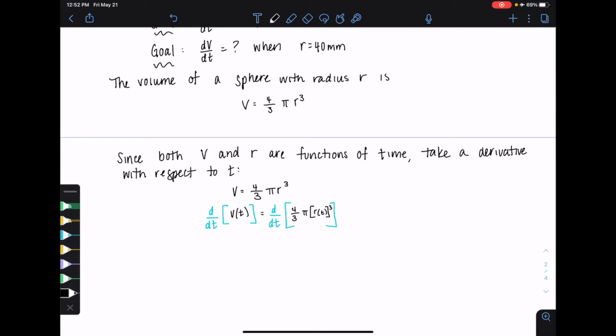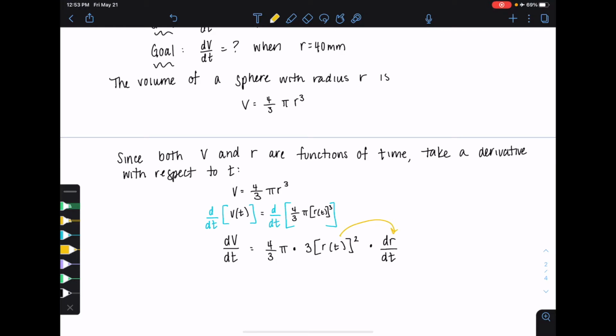So if I take the derivative of V, I'm getting this rate of change, dV/dt. On the right-hand side, the 4/3 pi does nothing, it just stays there. The derivative of r cubed would be 3r squared. And then our chain rule tells us I need the rate of change of r with respect to time.